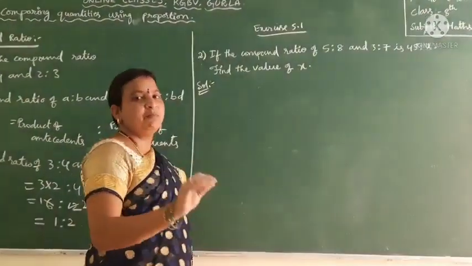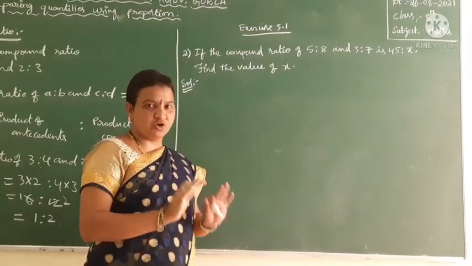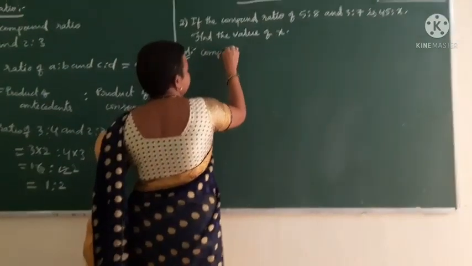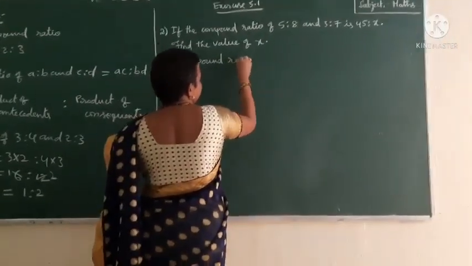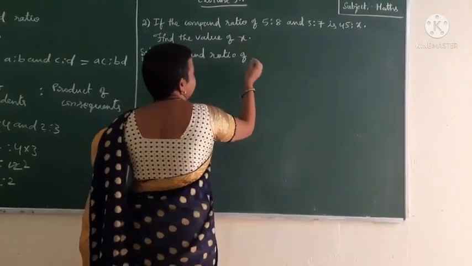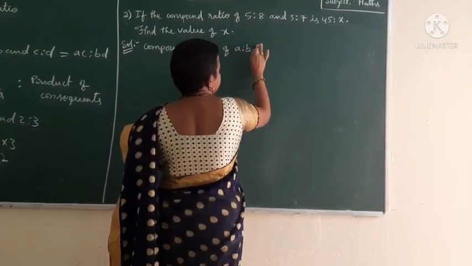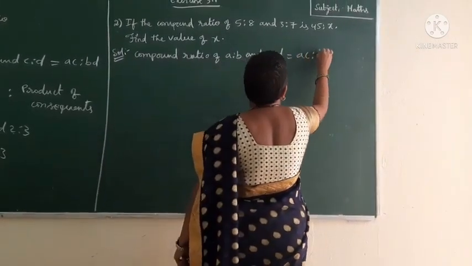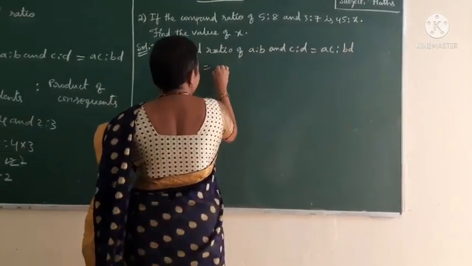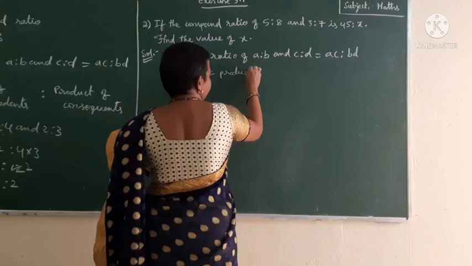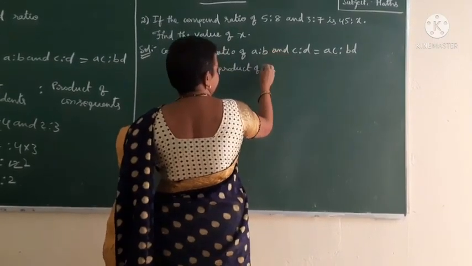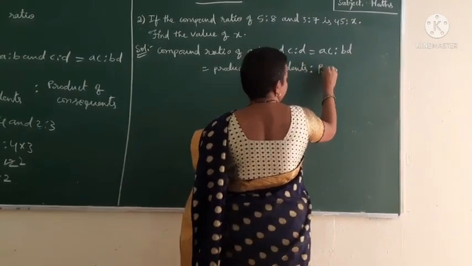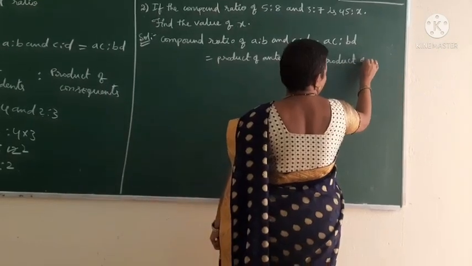Compound ratio means product of antecedents to product of consequence. We already know, but again we have to write. Compound ratio of A:B and C:D is equal to AC:BD. That means product of antecedents to product of consequence.